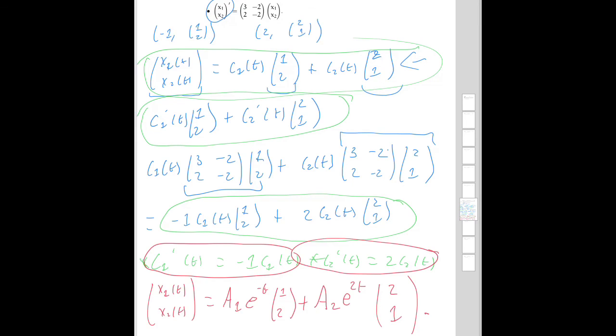So there you have it. That is the general solution to this system of differential equations. And if we add in an initial condition, we could use that to solve for a1 and a2.